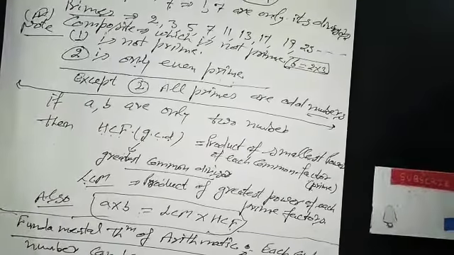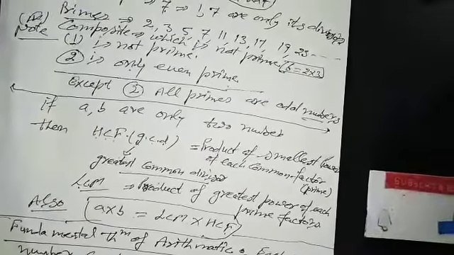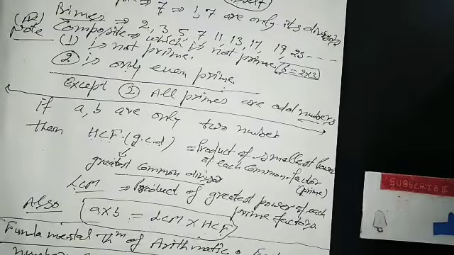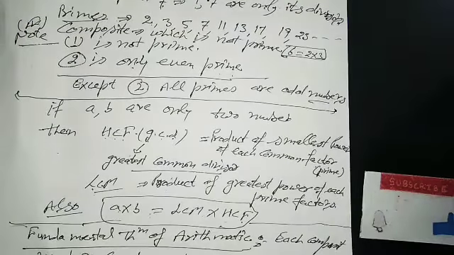But if you think, you have composite number 16 that can be factorized as multiplication of 2 and 8. 2 is prime factor, but 8 is not prime factor. 8 is composite number.